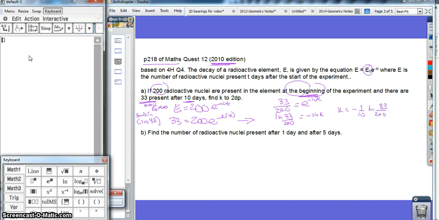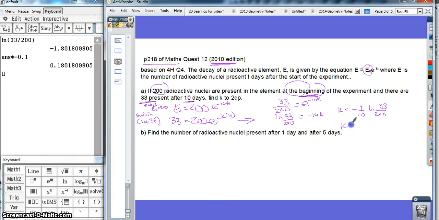Now we want it to two decimal places, so ln of 33 over 200, and then multiply that by negative 1 over 10, negative 0.1. And we get 0.18 to two decimal places. So we found k.